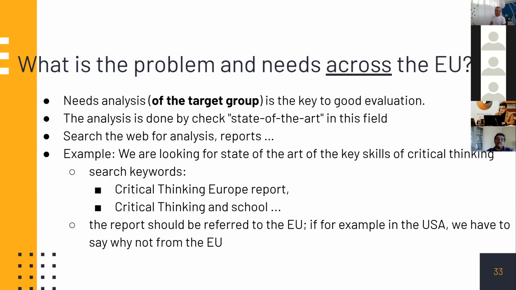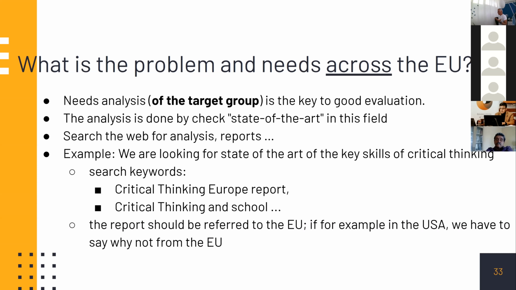For example, if we are looking at the state of the art of the key skill of critical thinking, you can search the keywords critical thinking Europe report, and you will find a lot of different results. Or critical thinking in schools, or critical thinking best practice. That way you will find all different results, and then the report should refer to the European Union.